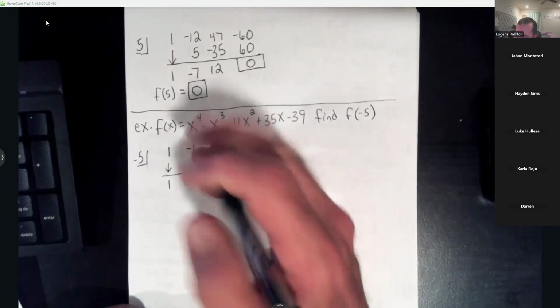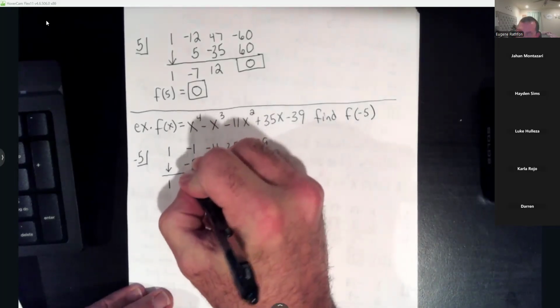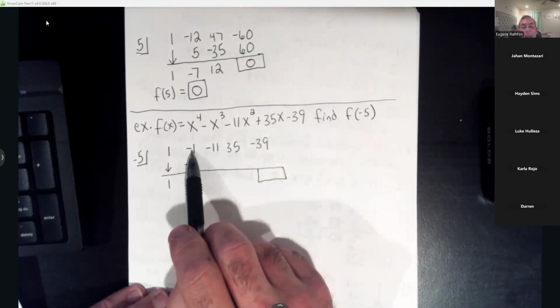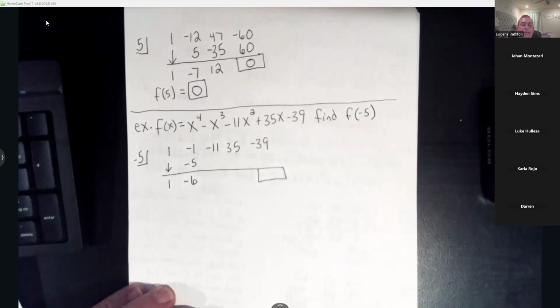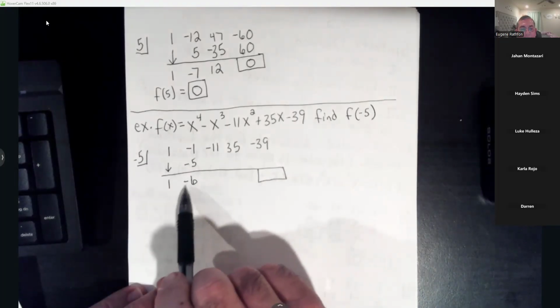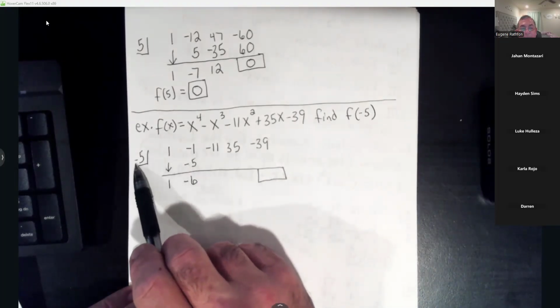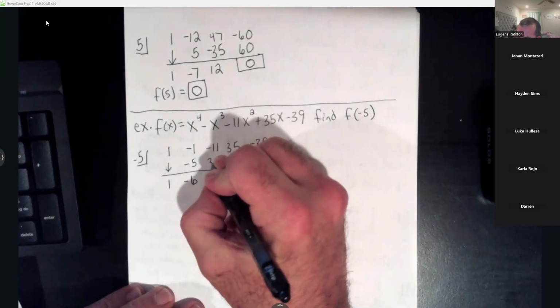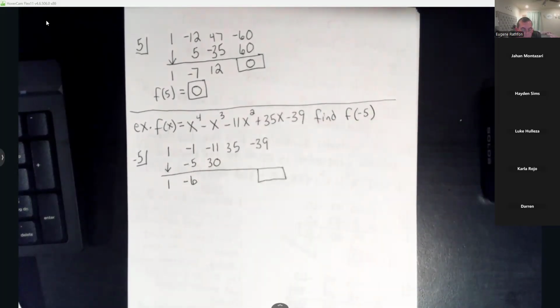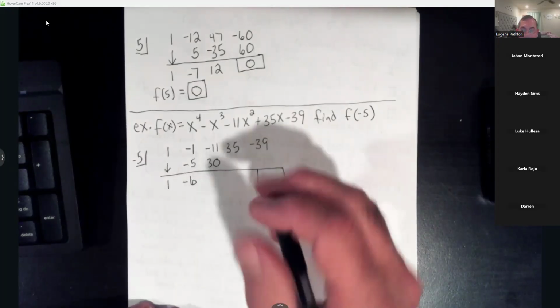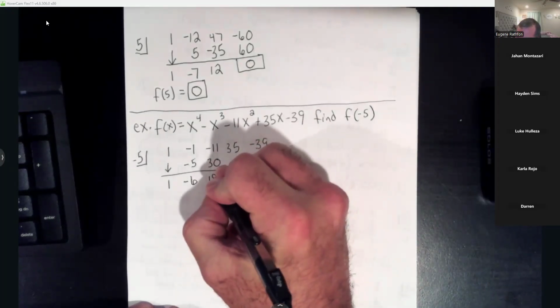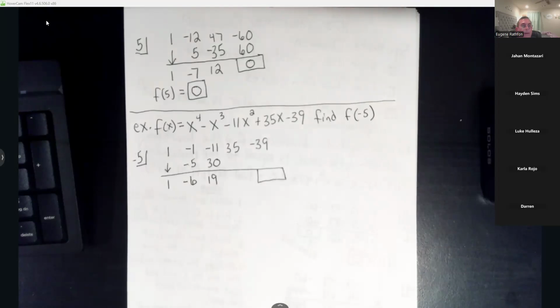1 times negative 5 is negative 5. Negative 1 and negative 5 give me negative 6. Negative 6 times negative 5 is positive 30. What do I have? 30 minus 11, that's 19.